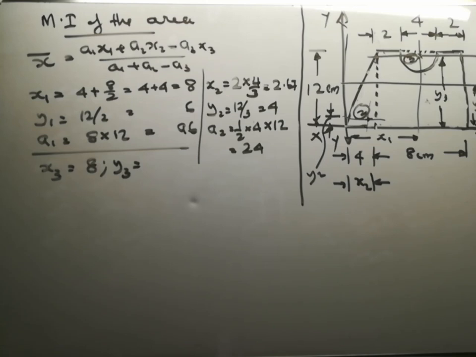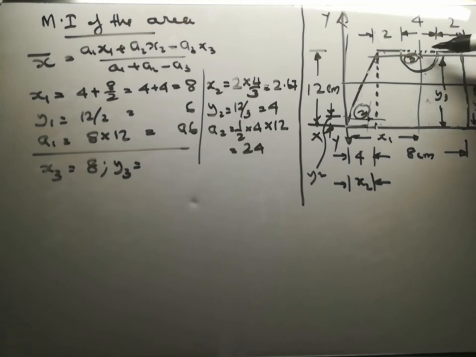We know this vertical distance from here to here is 4r by 3 pi, where r is the radius of the semicircle. So the total distance is 12. Therefore, the remaining distance will be 12 minus 4r by 3 pi.